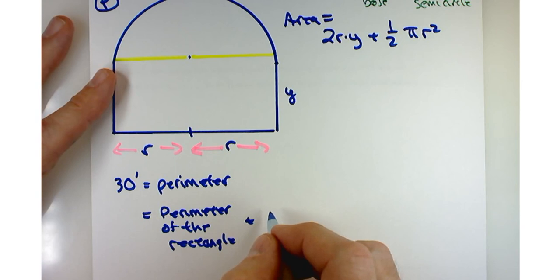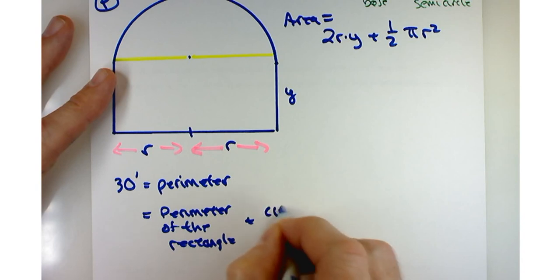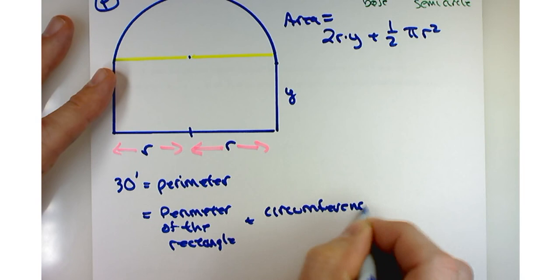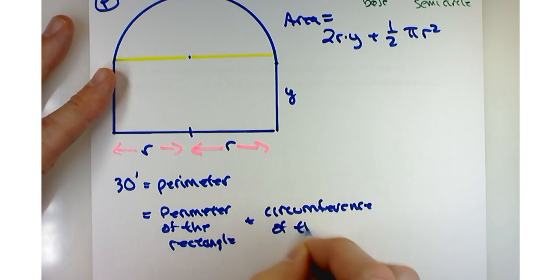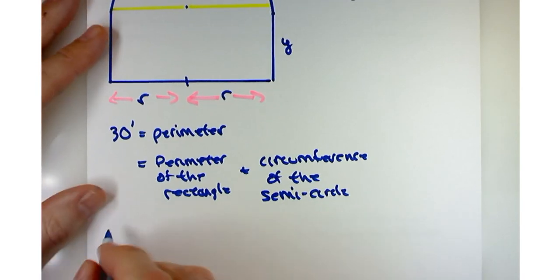Which one sounds better? Circumference of the semicircle. So let's see if we can come up with some expressions for those.